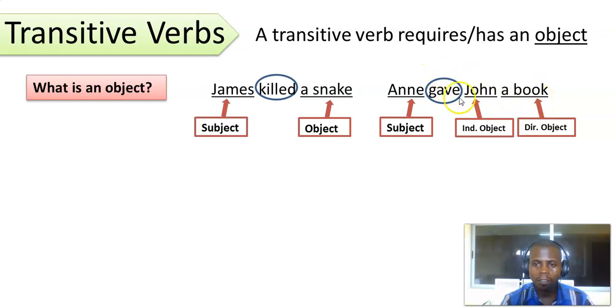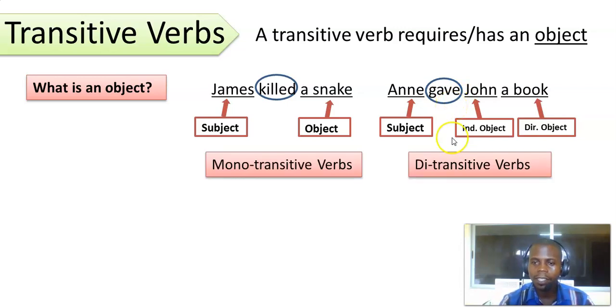Not all verbs in English can function like this. Verbs like killed, you can see here, have only one object. So gave can have two objects, and it can have only one. When you have a verb that has two objects, you call it a ditransitive verb.